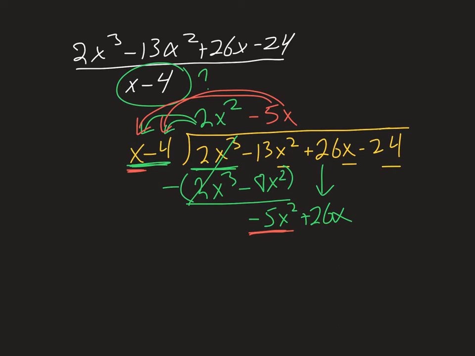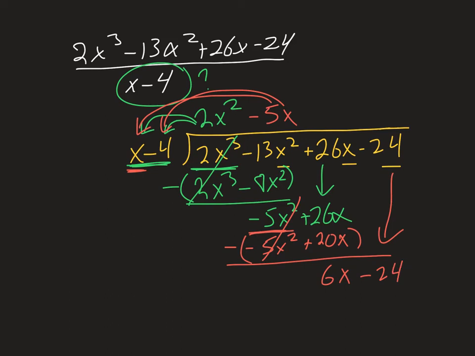We'll have negative 5x squared, which is great, that's what we want, and then we'll have positive 20x. And then we're going to subtract this off. So the 5x squareds will cancel, leaving me with 6x. And then I bring down the negative 24.